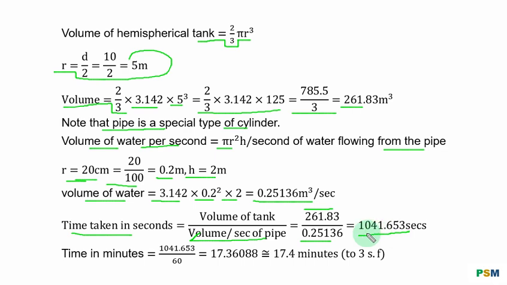This time is in seconds. The time is required in minutes, so you divide this by 60 and you have it in minutes. To 3 SF, you have 17.4 minutes.